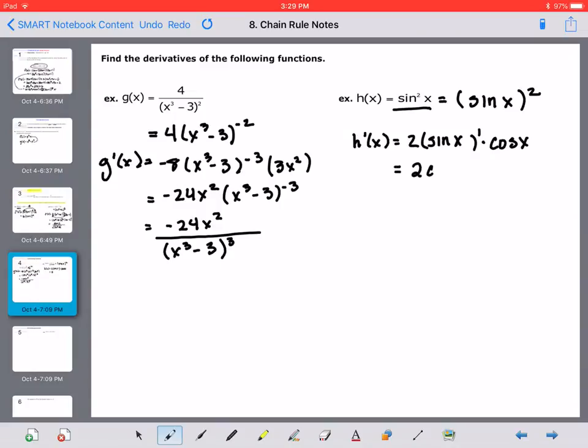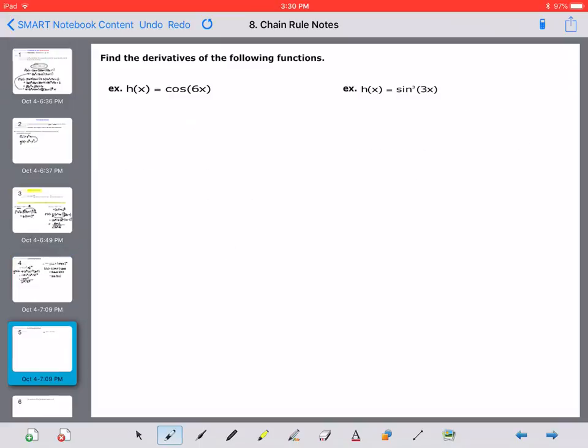So 2 cosine x, sine x is now to the first power, so we can leave it like that. That happens to be one of our identities. So this is actually the double angle identity for sine. Remember, we only change what comes behind the sine with a trig identity. If not, what comes behind the sine stays behind the sine. Okay.